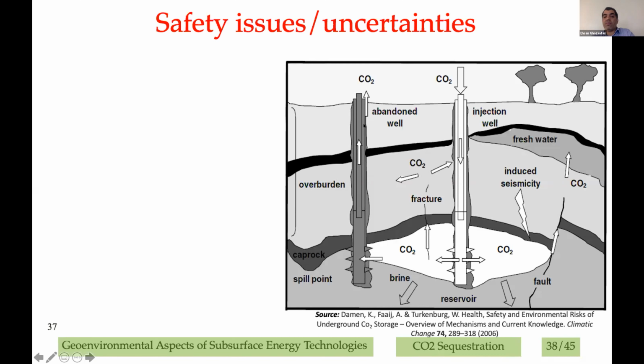So if one of those is in the neighborhood of the injected CO2, then there's risk of CO2 leakage. But there's also risk of contaminating the groundwater and some of the neighboring reservoirs. So in general, the reservoir integrity is a concern.